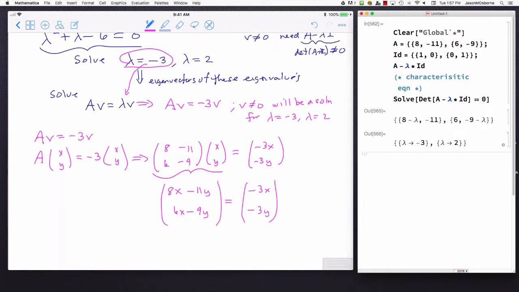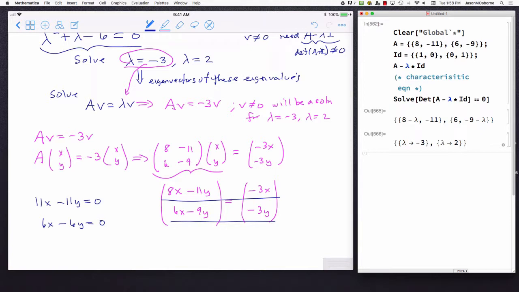Solve this system of equations. Adding 3x to both sides of the top equation, you'll get 11x minus 11y is equal to 0, and on the bottom equation, you'll get 6x minus 6y is equal to 0.